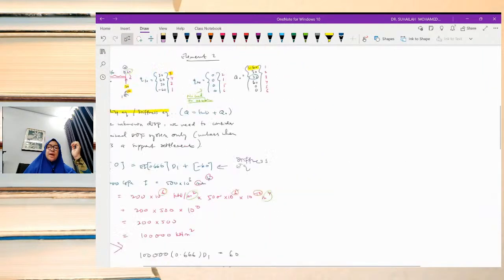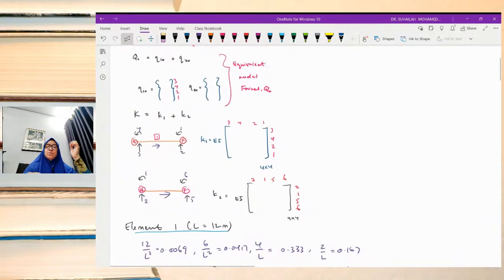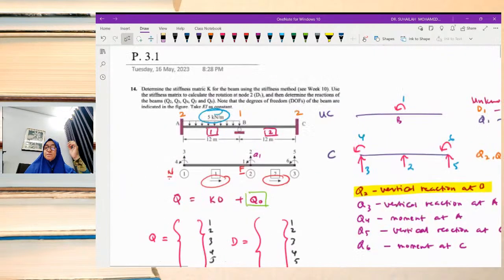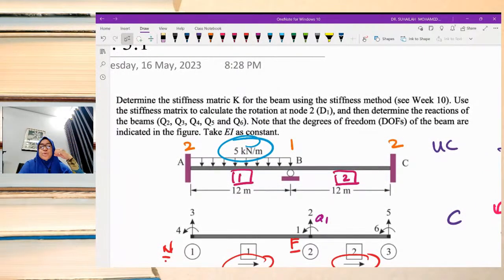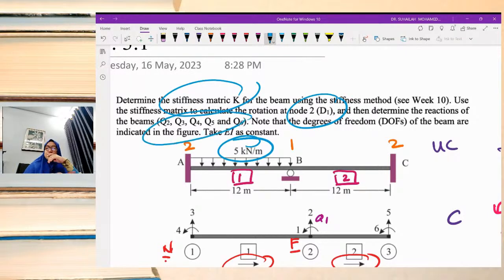Anyway, you always need to refer to the question given. If we look back at this question, it asks you to establish K and then D and then force. So you just need to read the question.